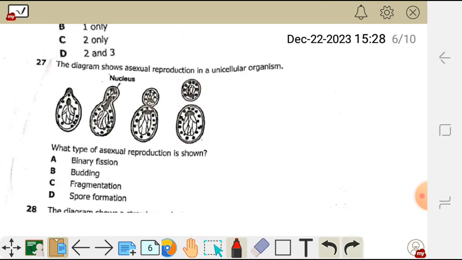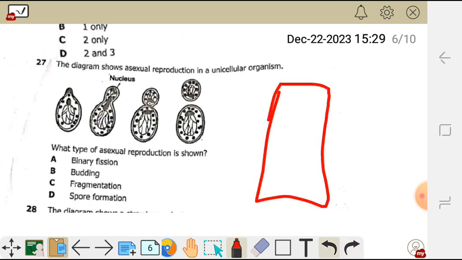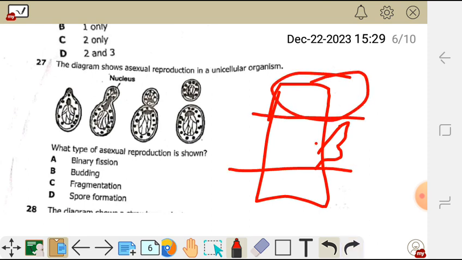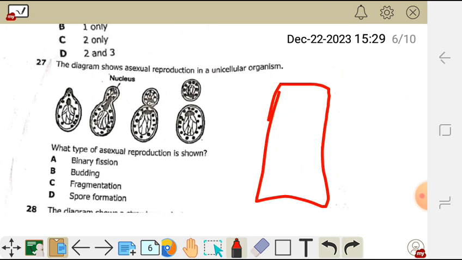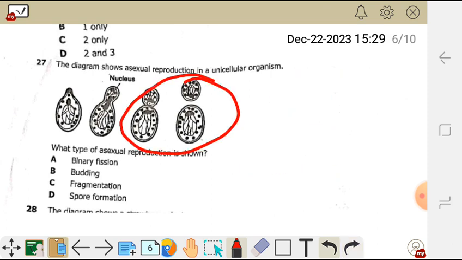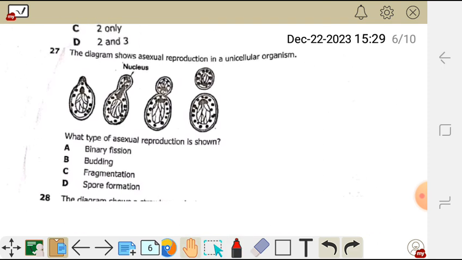In budding, we have an already grown organism, and then it forms a bud, which falls down to produce another organism. Fragmentation is where it cuts itself into pieces, and those pieces form organisms. But in this case, this is binary fission. So the correct answer is A for question 27.